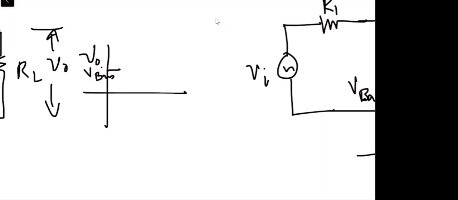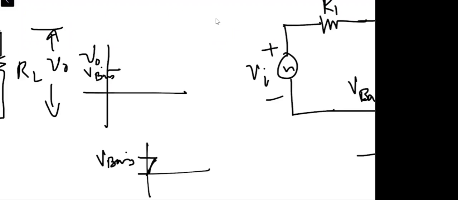Now, when the positive cycle comes, the input is rising here, and this is the point which we call V bias. So once the input is less than V bias, the output is being held at V bias.